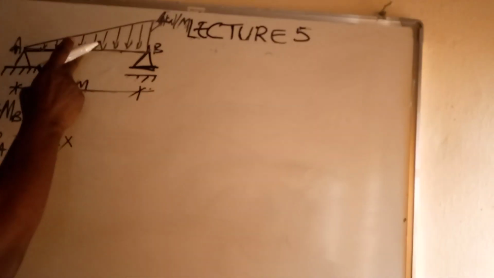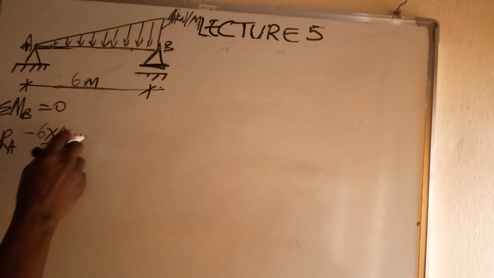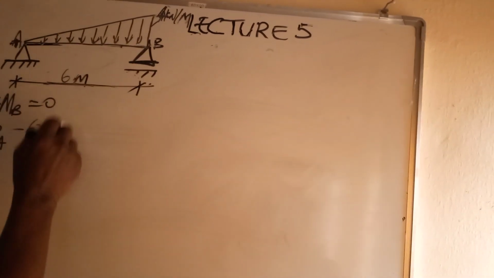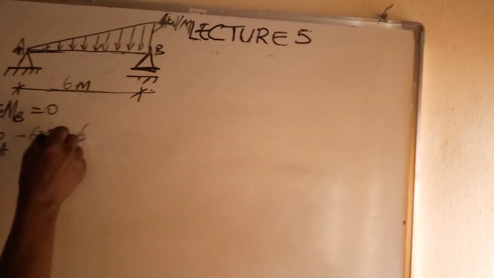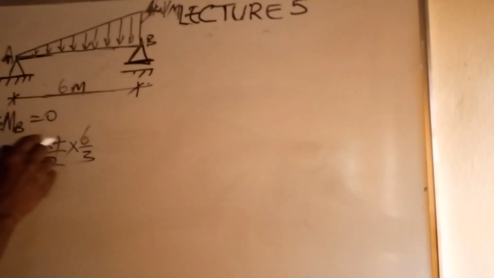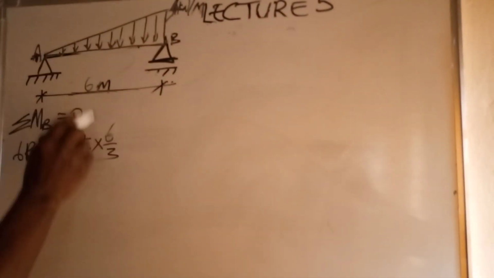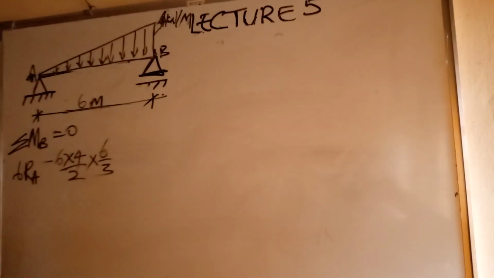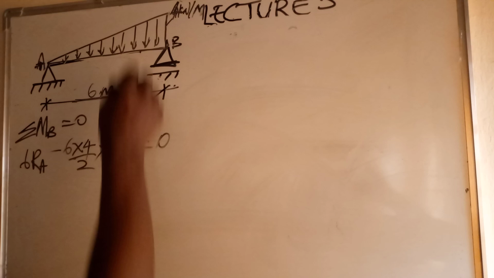So in this case, we are moving from here to the larger end, so it will be 1/3, which in this case is 6 over 3. This is the area of the load times the distance from the center of gravity of the load, to make the load a moment. This is equal to 0 because there's no other load there at the end.